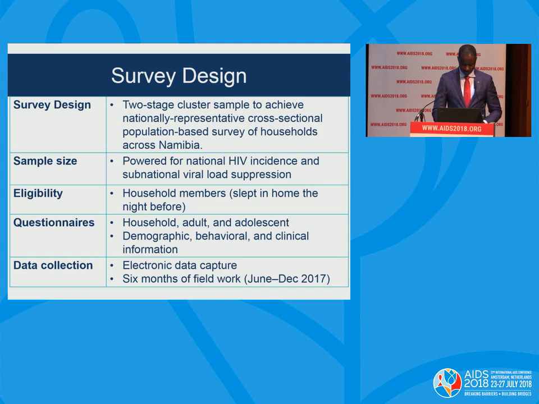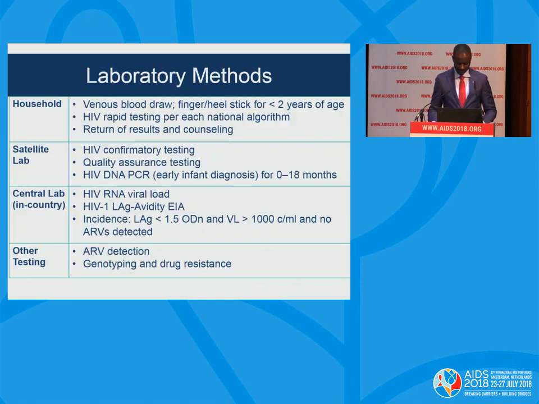So household members aged 0 to 64 years who slept in the same house the night before were considered eligible for inclusion. Household adult and adolescent questionnaires were used and included demographic, behavioral, and clinical information. Data collection was electronic and took place over the second half of last year.